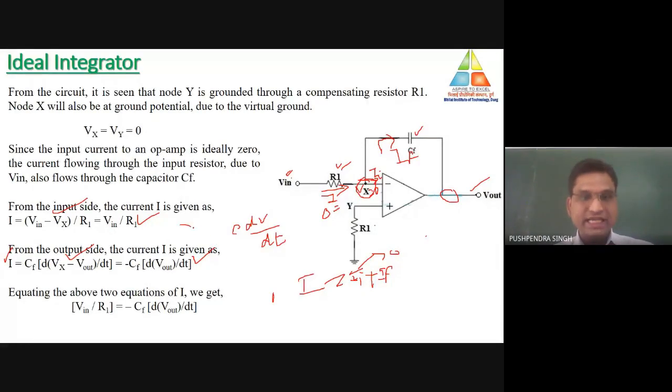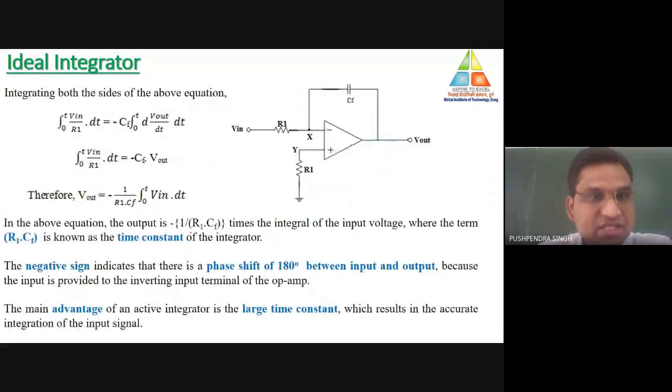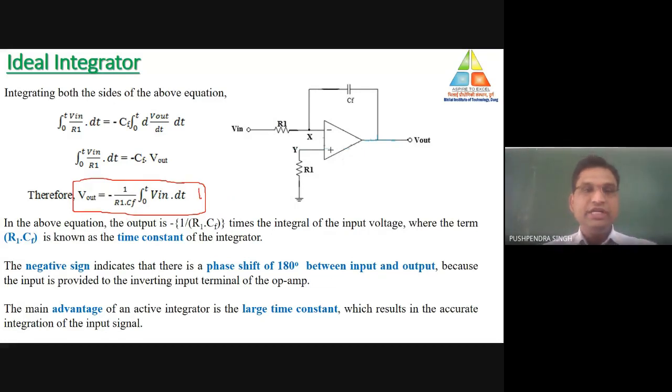Now equating both the currents, Vin divided by R1 is equal to minus Cf dVo divided by dt. And after some simplification, the value of output will be: Vo is equal to minus 1 by R1Cf integration from 0 to t of Vin dt.